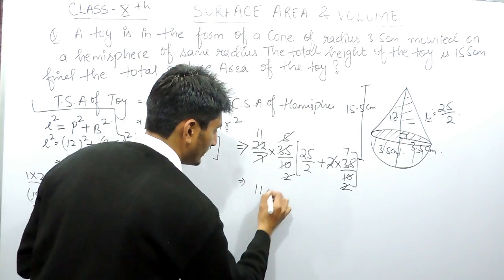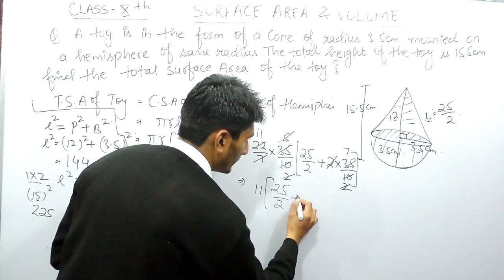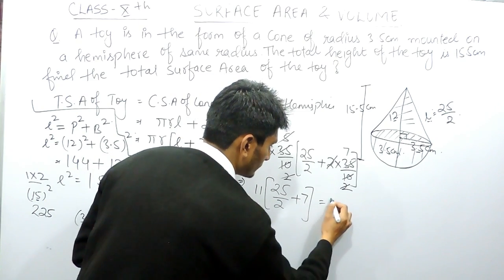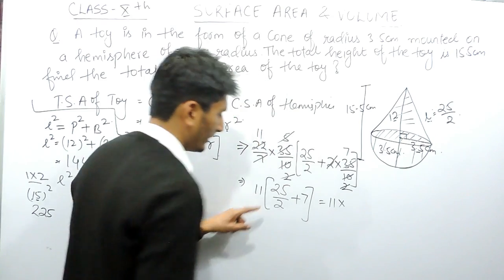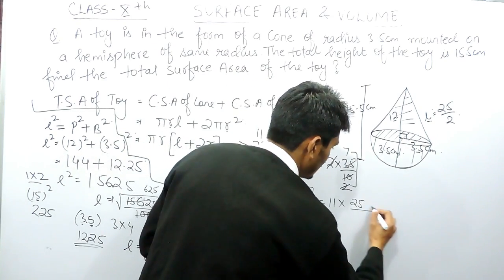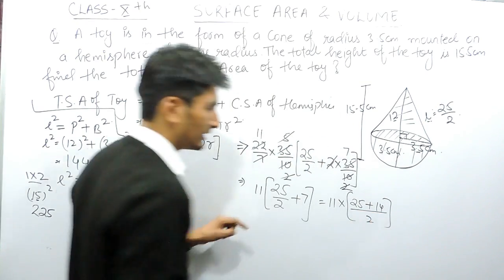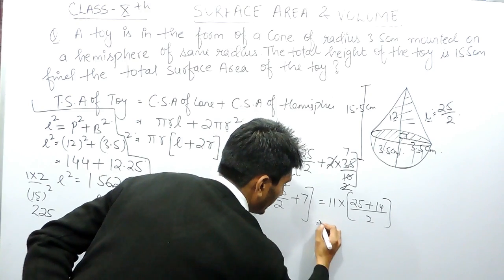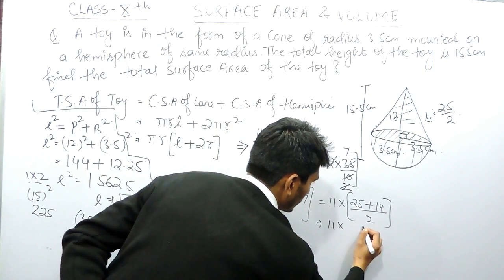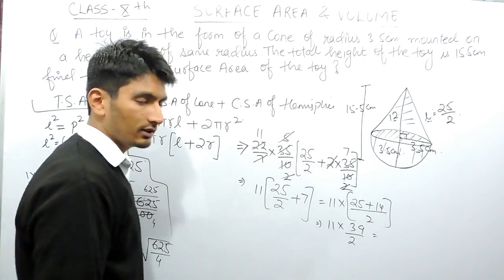So this will be 11 multiplied by 25 upon 2 plus 7. This will be 11 multiplied by 25. If I take the LCM, this will be 14 upon 2 inside the bracket. Now this will be 11 multiplied by 39 upon 2, so this will be the answer.